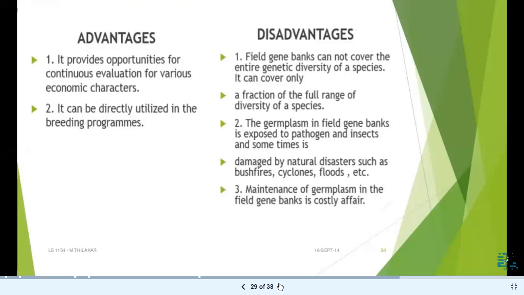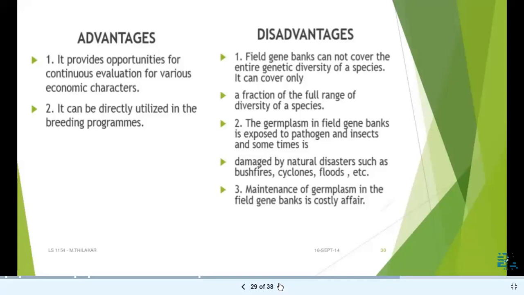There are a few advantages as well as disadvantages. It provides opportunities for continuous evaluation for various economic characters. Second, it can be directly utilized in plant breeding programs. There are a few disadvantages. Field gene banks cannot cover the entire genetic diversity of a species. It can cover only a fraction of the full range of diversity of a species.